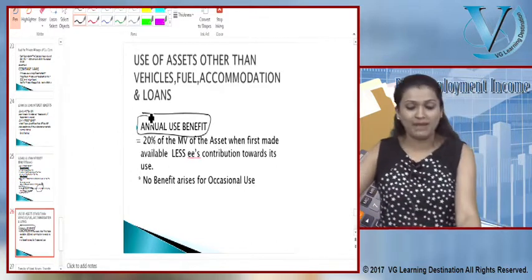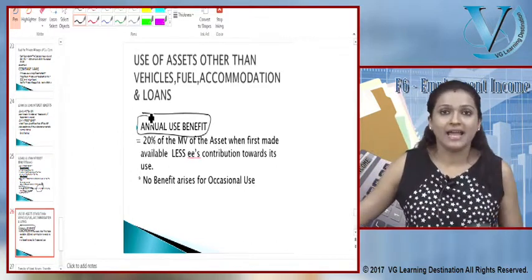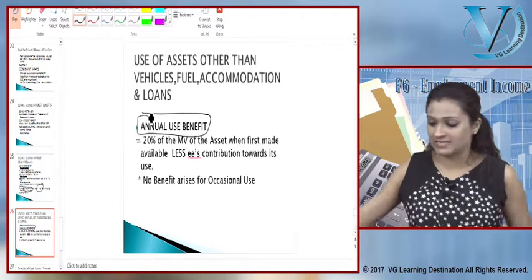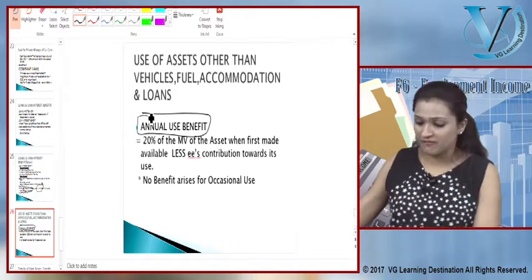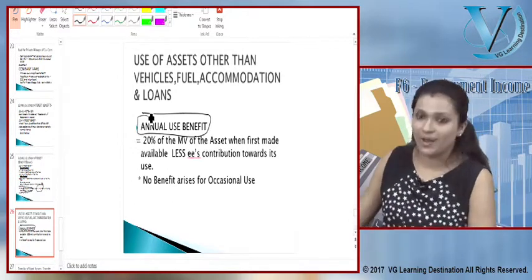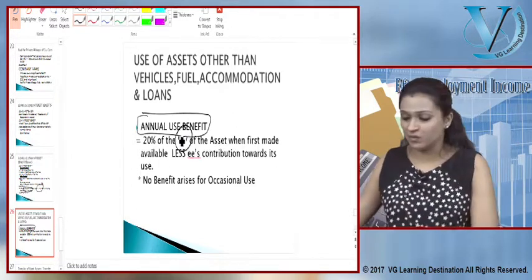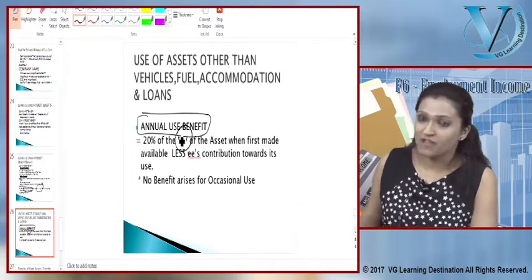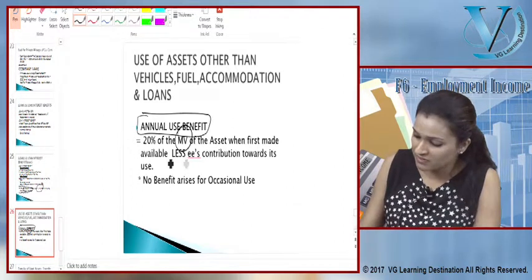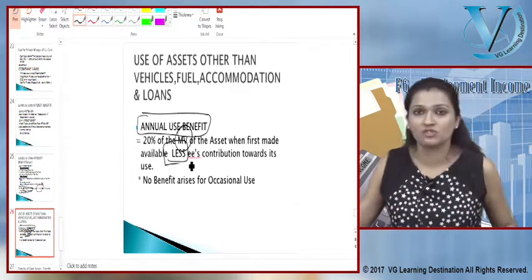What is the total benefit that you are enjoying is what you need to pay tax upon. So the annual use benefit is going to be equals to 20% of the market value of the asset when first made available. From that you can reduce any of the employee's contribution towards its use.